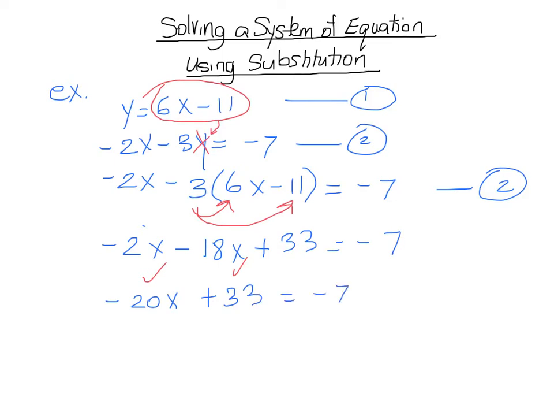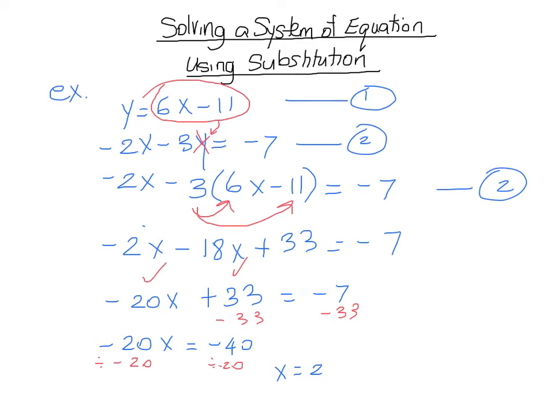So we're isolating the x, and we just do that one step at a time. We can take 33 from both sides, and we get that negative 20x is equal to negative 40. And now we can divide both sides by negative 20, and we get that x is equal to 2.